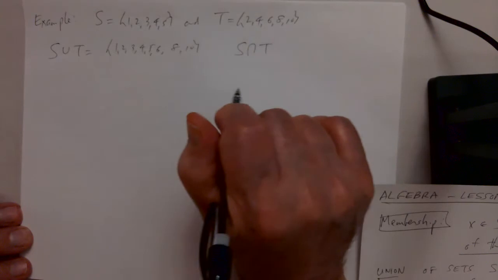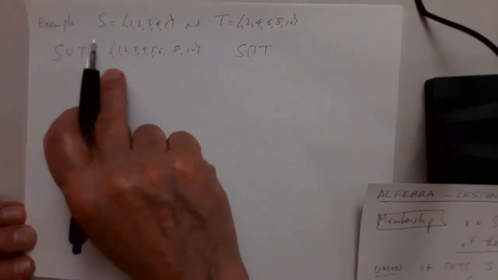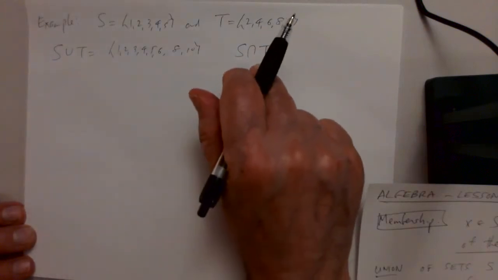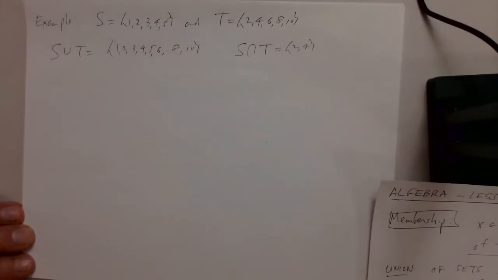And S intersect T is everything in both. S union T is everything in one or the other. What elements are in both? Well, just the numbers 2 and 4.